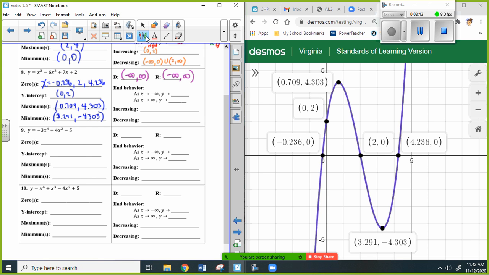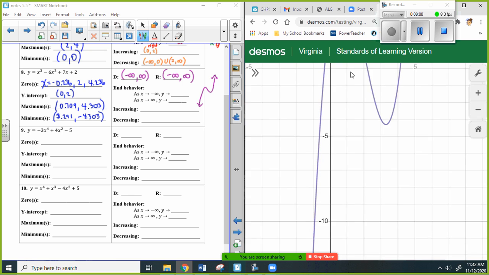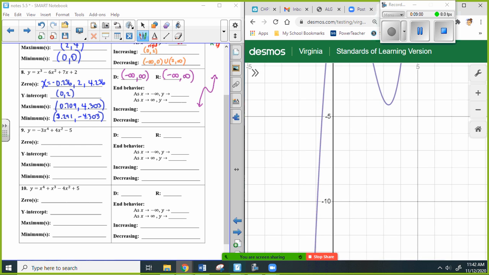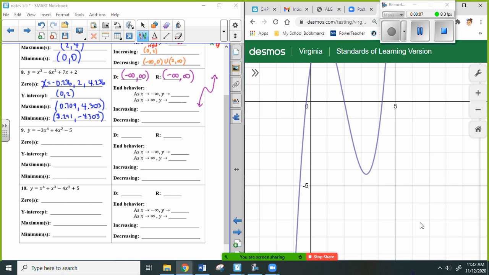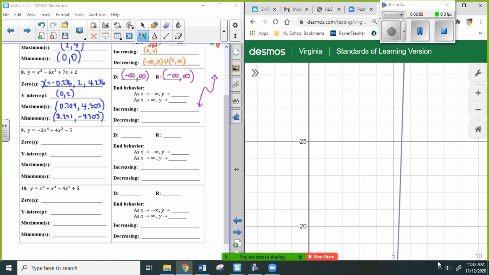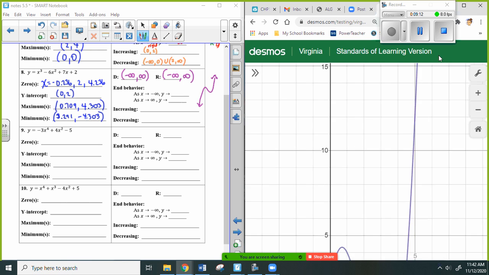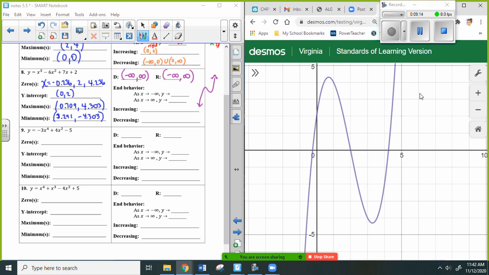All right, but I like to draw the picture here because you can't see arrows on Desmos, but you could slide this down forever and ever, and you can see that it keeps going. Then you can slide it up forever and see that it keeps going. So even though it doesn't have arrows, hopefully you understand that those would be arrows.